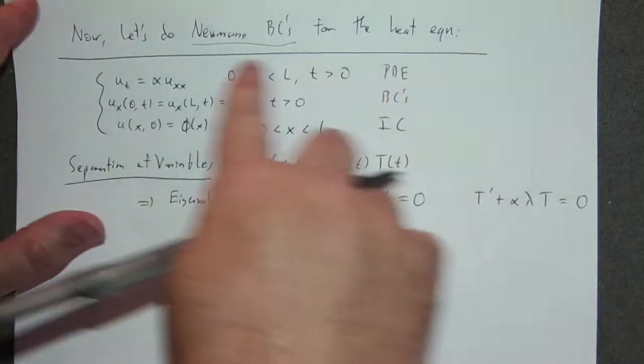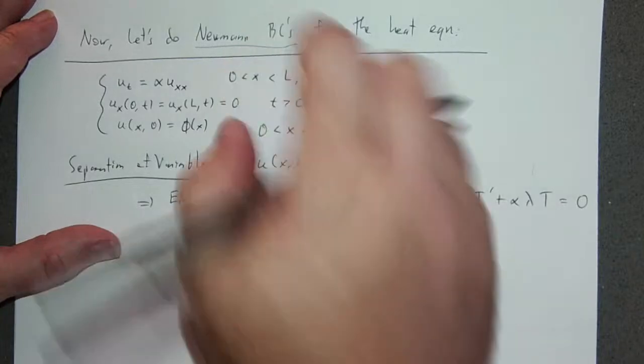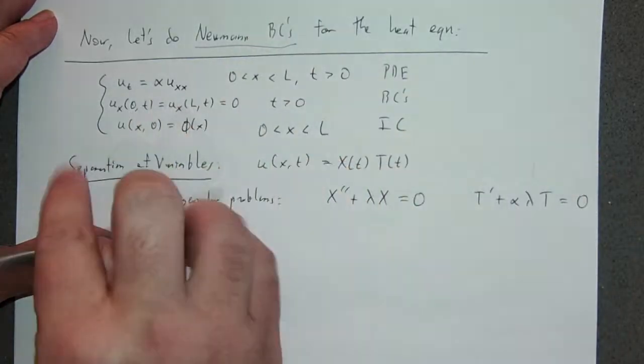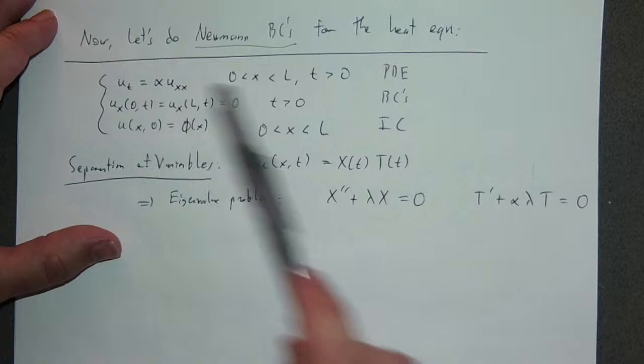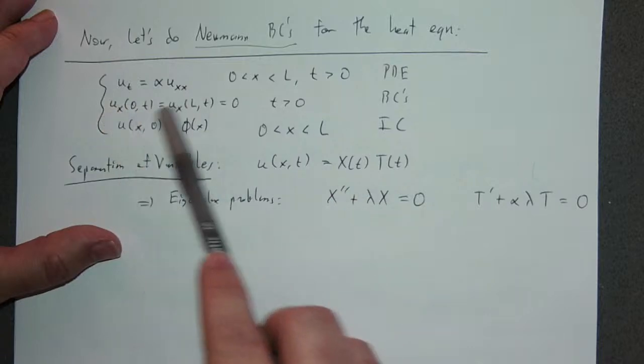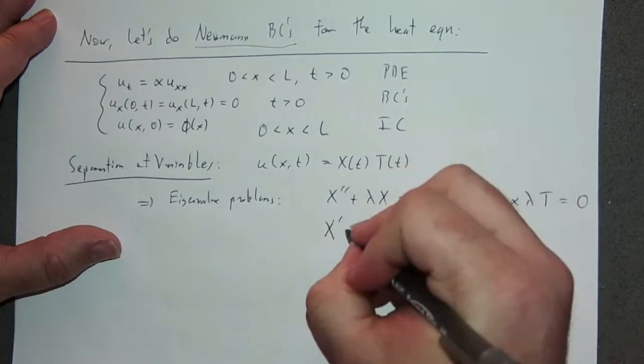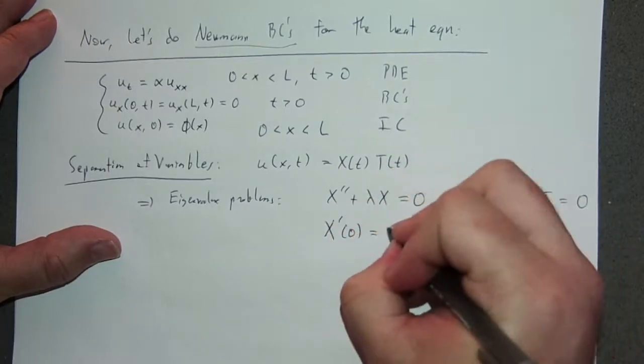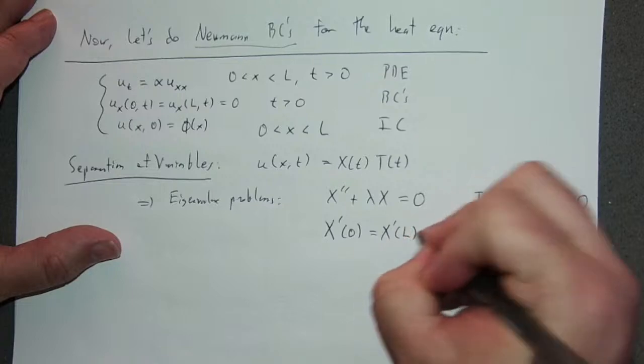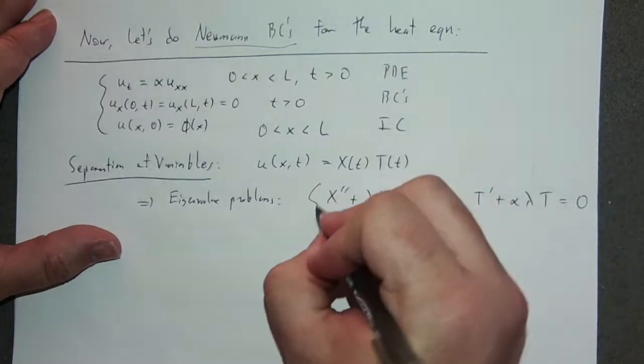Now I have Neumann BCs. The Neumann BCs only hit x, so these become full derivatives of X in the separated solution, so these become Neumann BCs for my eigenvalue problem.